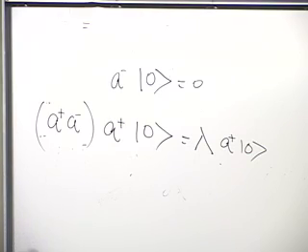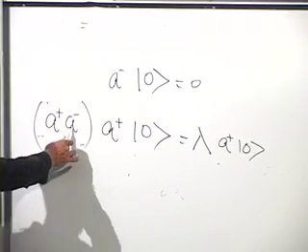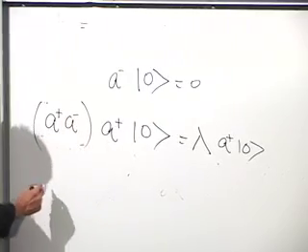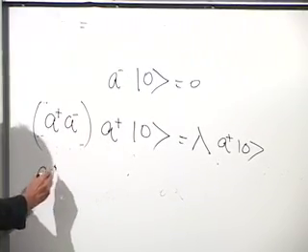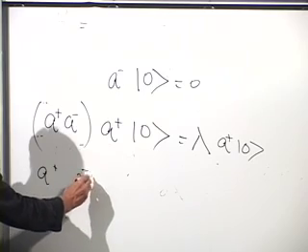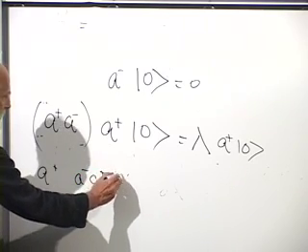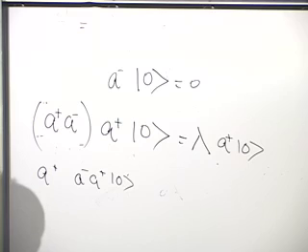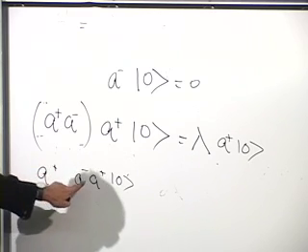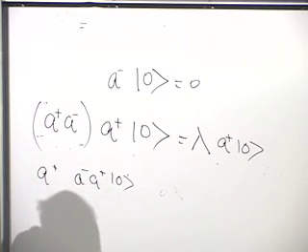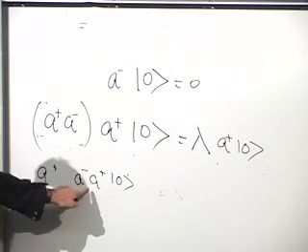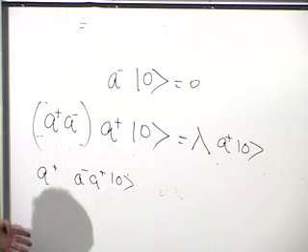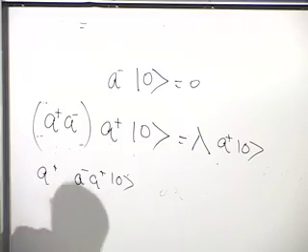Okay, now, if I remove the bracket, I have A plus A minus A plus on 0. What I want to do is interchange the order of these two, but I'm not allowed to do that because they don't commute.